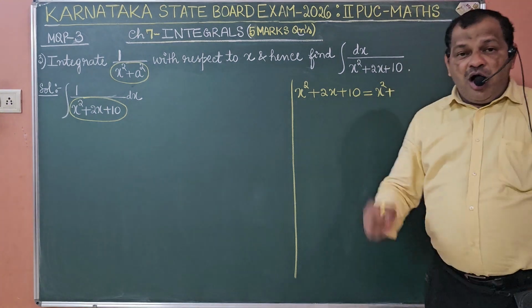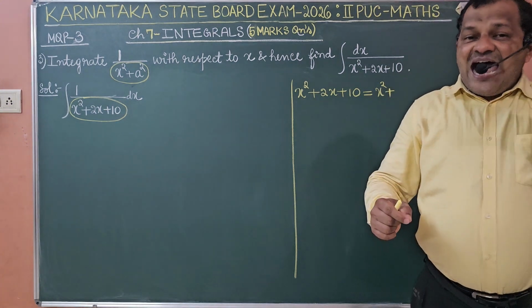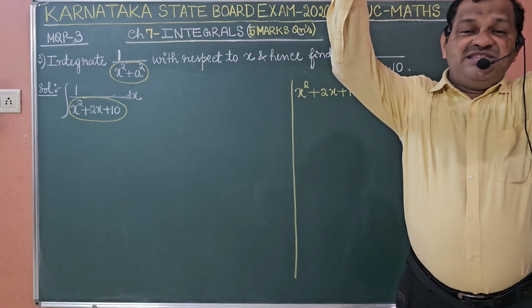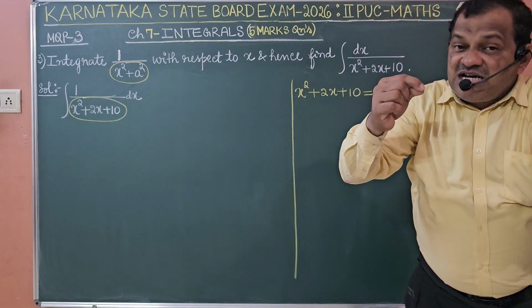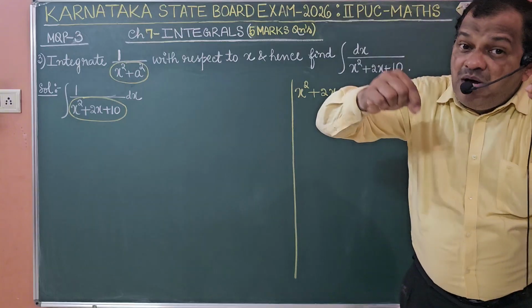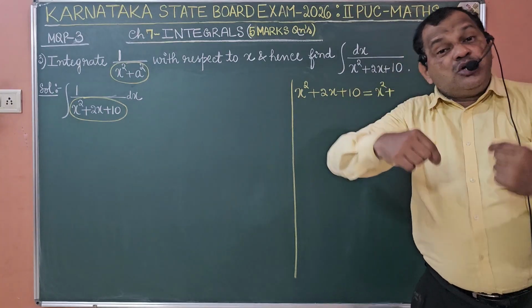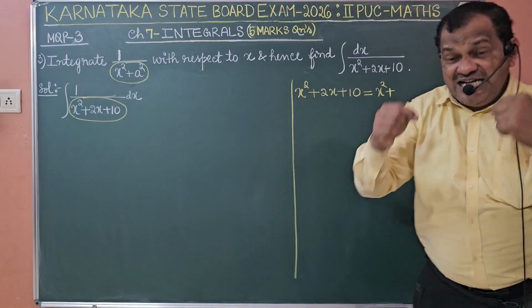Plus, all of you know we should add and subtract the square of some number. Which number? How to find that number whose square we should add and subtract, kindly listen.